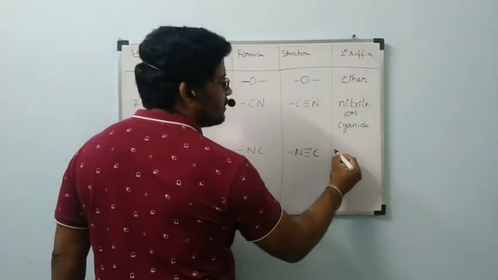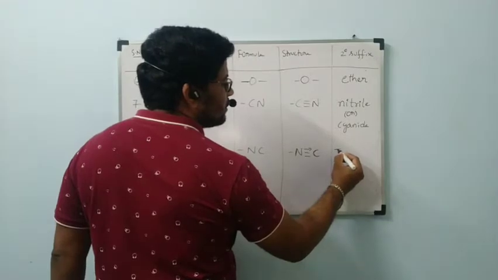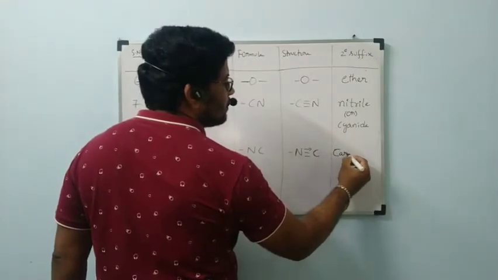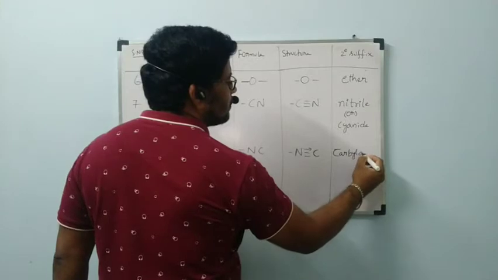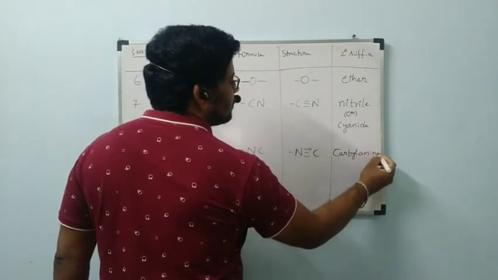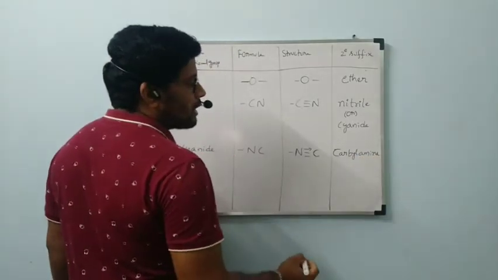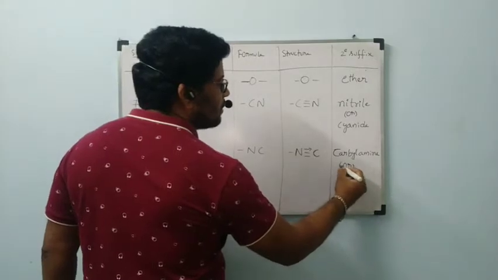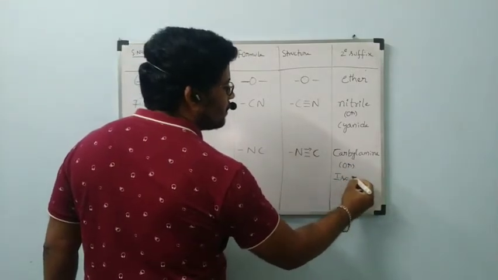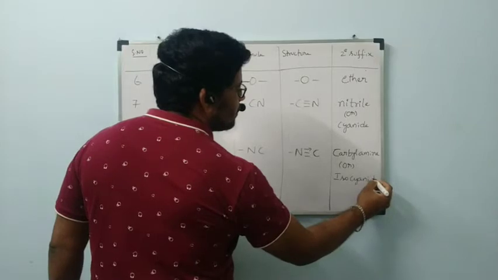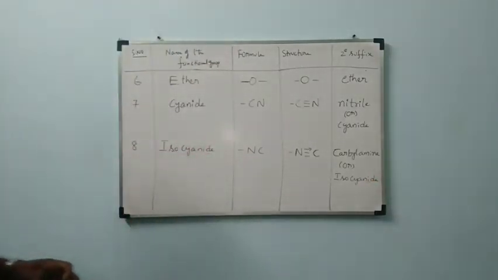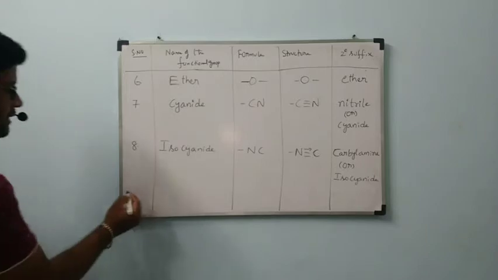Secondary suffix: carbylamine or isocyanide. Eighth one. Next, ninth one.